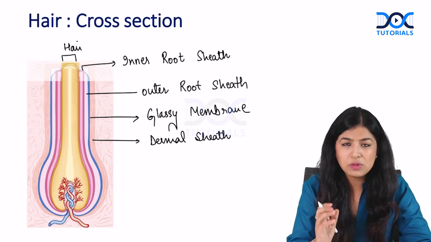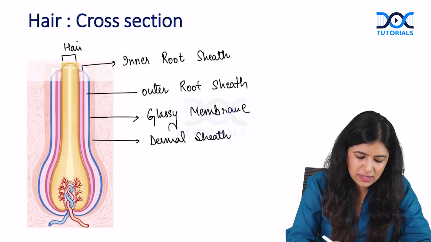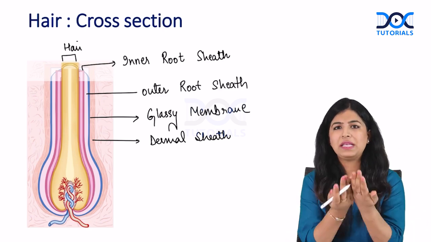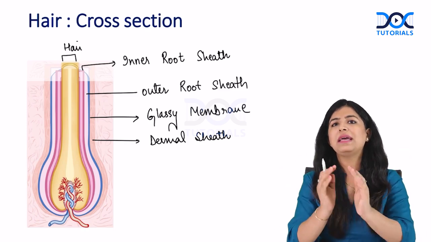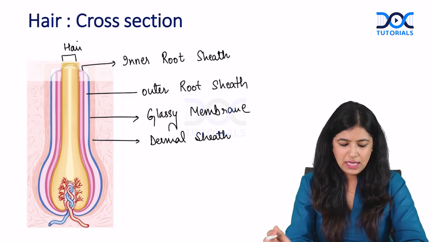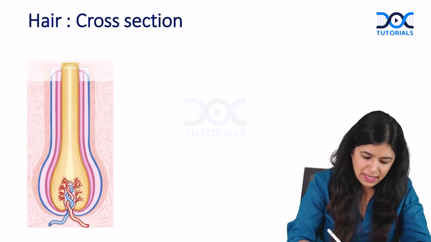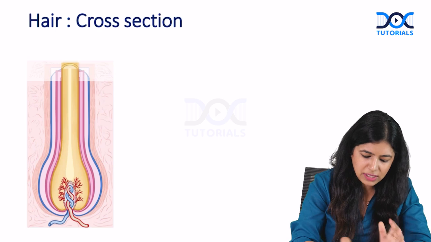So this is how you see the hair in the cross section. The hair enveloped by the inner root sheath, the outer root sheath, the glassy membrane, and the dermal sheath. Now coming to the hair, this yellow colored structure here which you see.